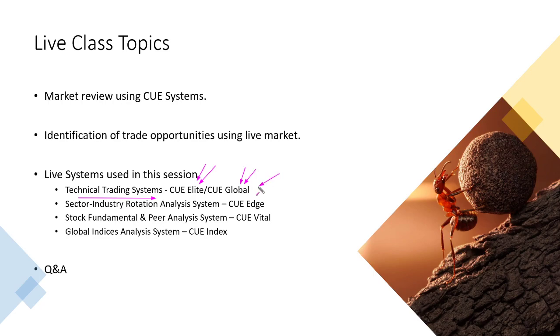Other than using technical analysis, I use sector industry rotation analysis also. I use Q Edge for that, and by doing that I like to buy only in the strongest sectors and industries and short in the weakest sectors and industries. On top of that, I also look at stocks' fundamental and peer analysis.